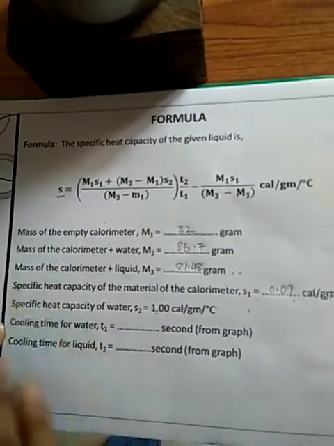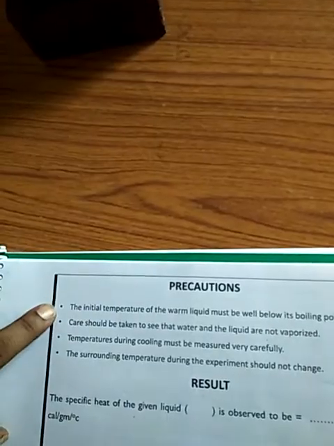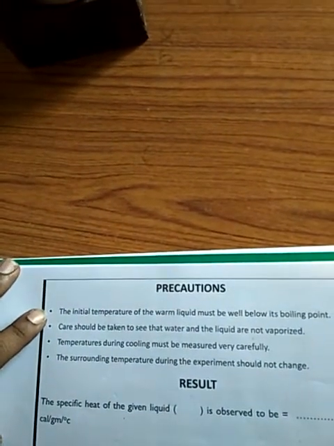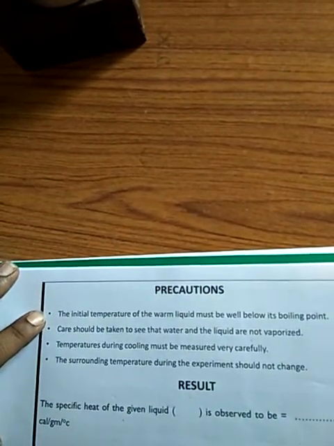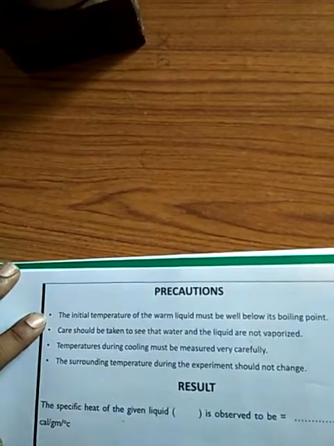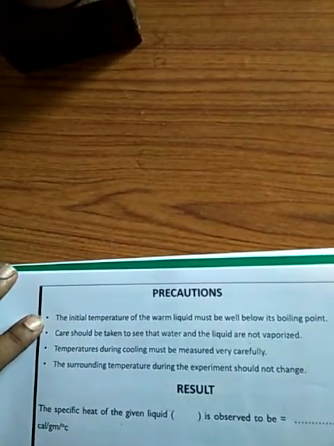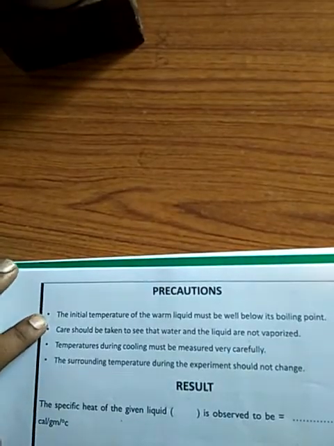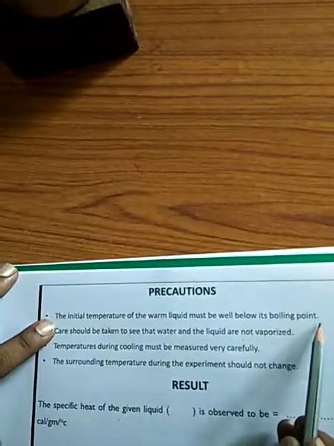The first precaution is that the water and liquid inside the calorimeters must be filled up to the same level. That is the first fundamental precaution we have to take. Other precautions include that the initial temperature of the warm liquid must be well below its boiling point.